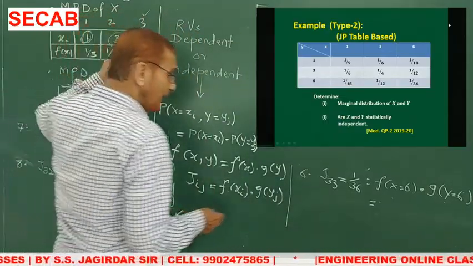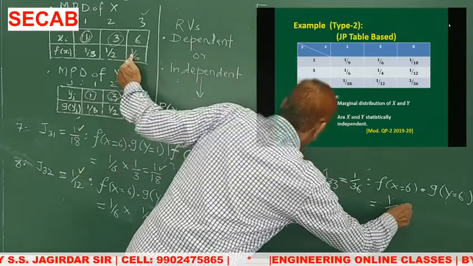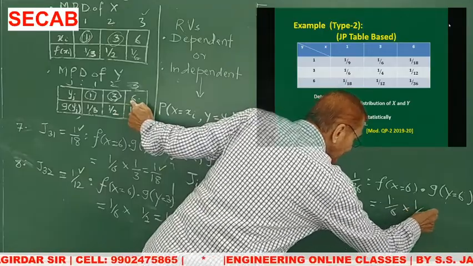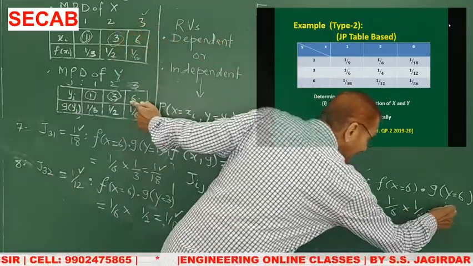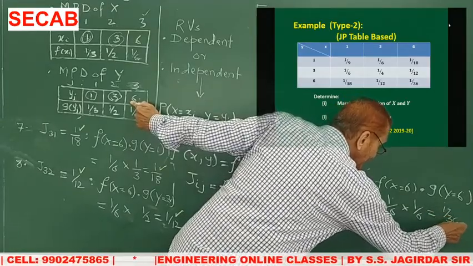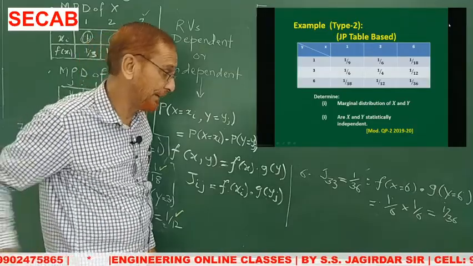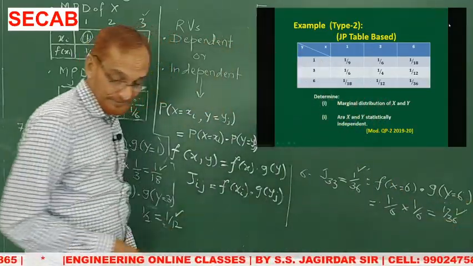Probability for x equal to 6 is 1 upon 6, into, for y equal to 6, 1 upon 6. And what is the answer? 1 upon 6 into 1 upon 6 is again 1 upon 36. So once again you can see that you have confirmed it.